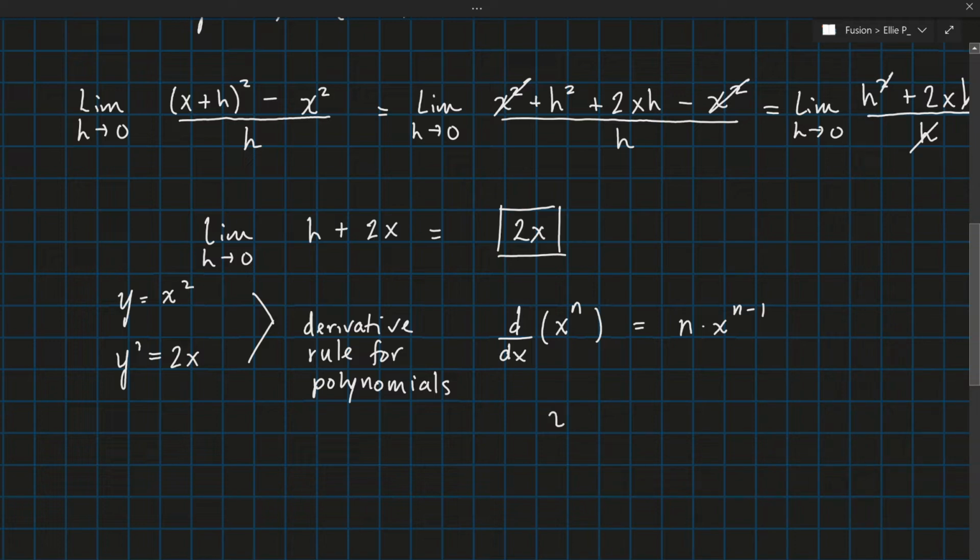So we had x squared. So the 2 comes down, and then the exponent was 2, so 2 minus 1 is just 1. So that's how we got 2x.